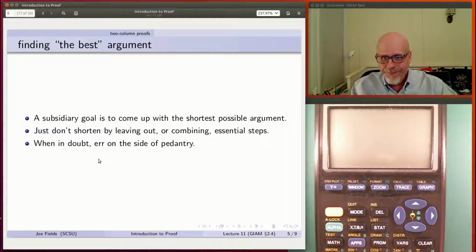When you overdo it on some trivial matters, that's called pedantry as a noun form. But this is a place for it. You're trying to make an absolutely perfect argument stream that goes from the left side of an equivalence to the right side of an equivalence. So if you feel like maybe you're skipping a few too many steps, then you probably are.